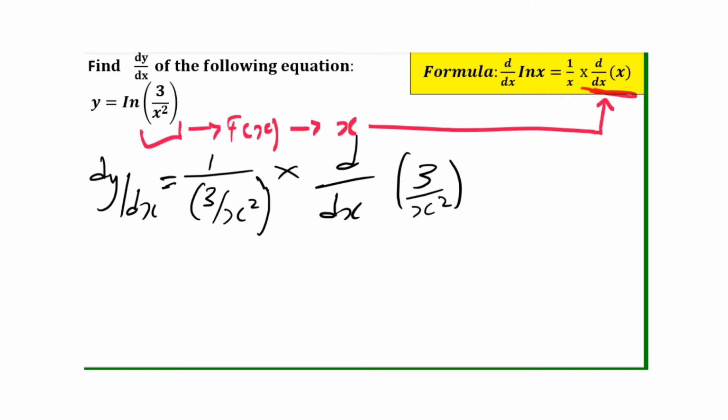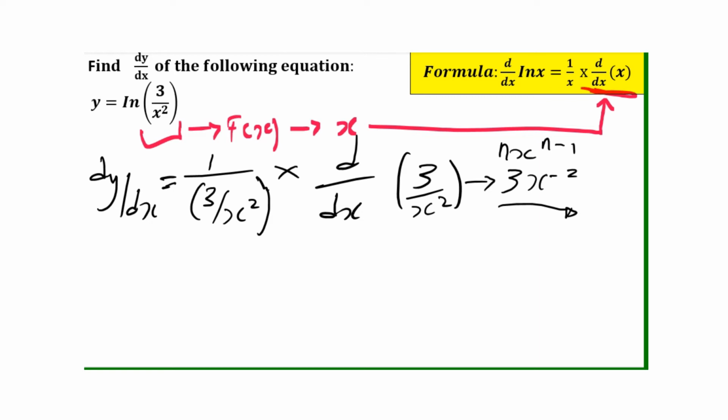Guys, remember this d over dx, to make it easier, can be written as 3x to the power of minus 2. We put it in this format so that you can apply the formula, n x to the power of n minus 1.